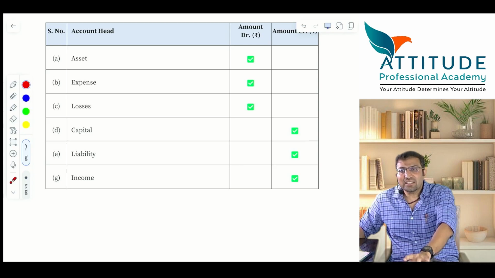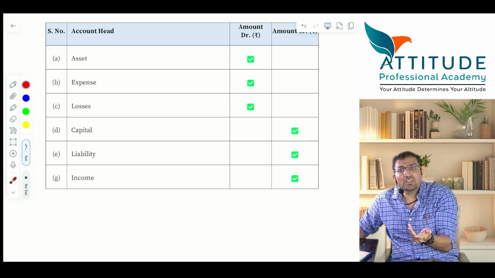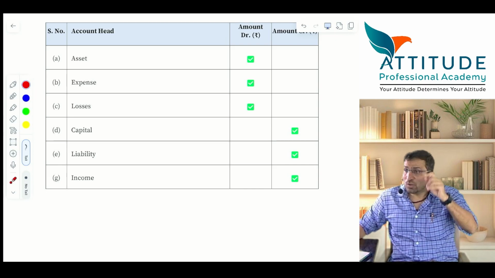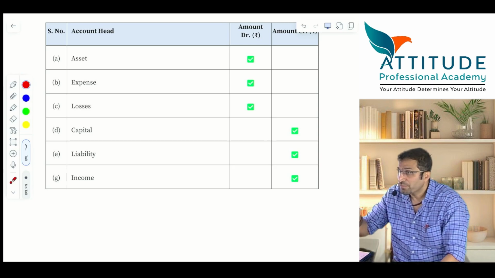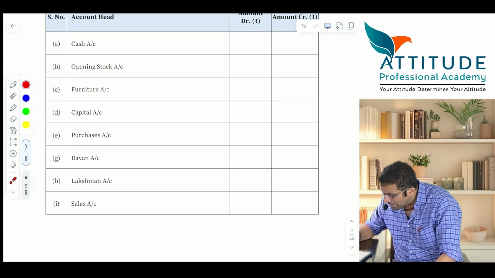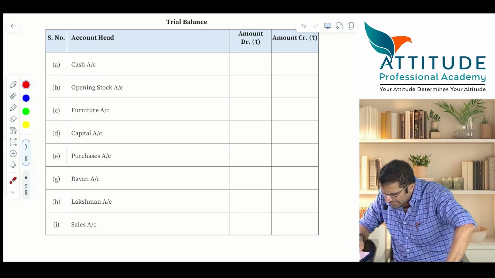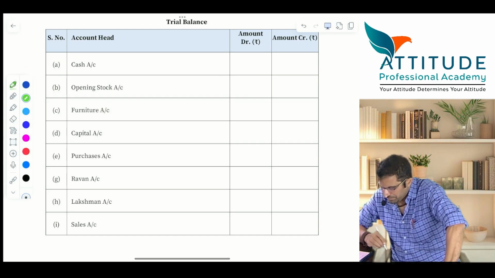Is that clear? Now in this sum, you have many assets and many expenses, and we'll bifurcate and see. Now go to your ledger accounts first, and I will prepare the trial balance. I'll give you time after I prepare the trial balance. Go and tell me, is there a cash account? How much?